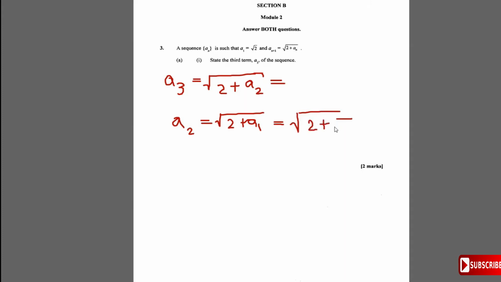That's a2. 2 plus root 2 square rooted. And so a3 is actually the square root of 2 plus the square root of 2 plus the square root of 2. That's a3.